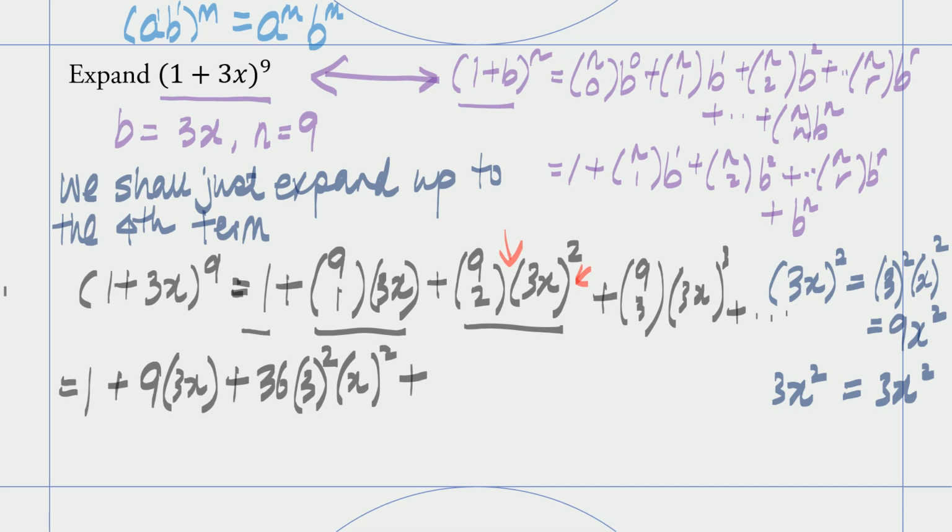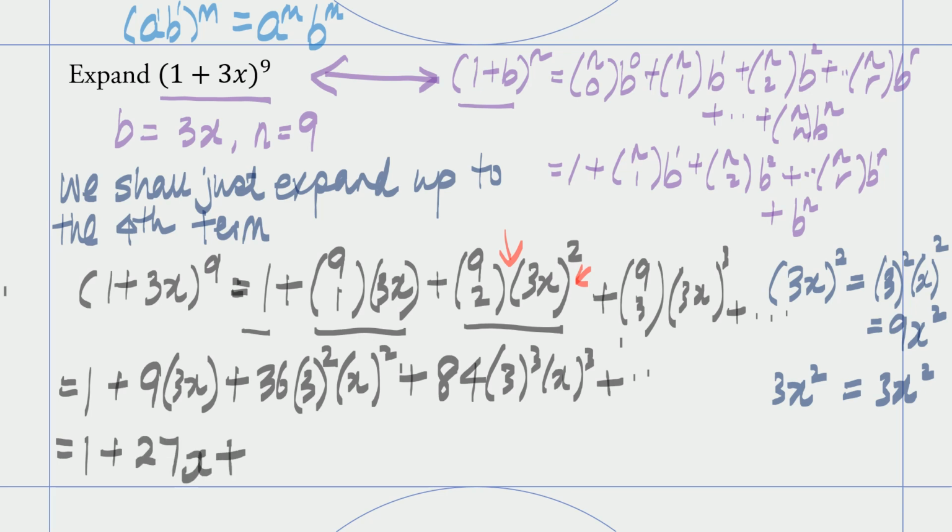Okay, 9C3 is 84. Bracket 3 to the power of 3, x to the power of 3. Alright, let's simplify further. So 9 times 3 is 27. 36 times 9 is 324. 84 times 27 is 2268.